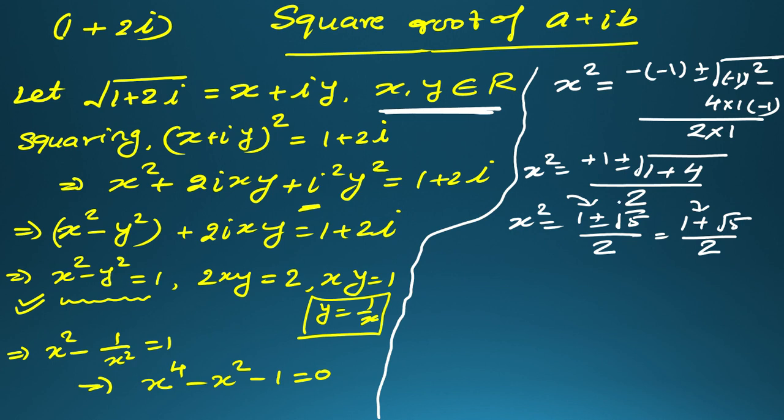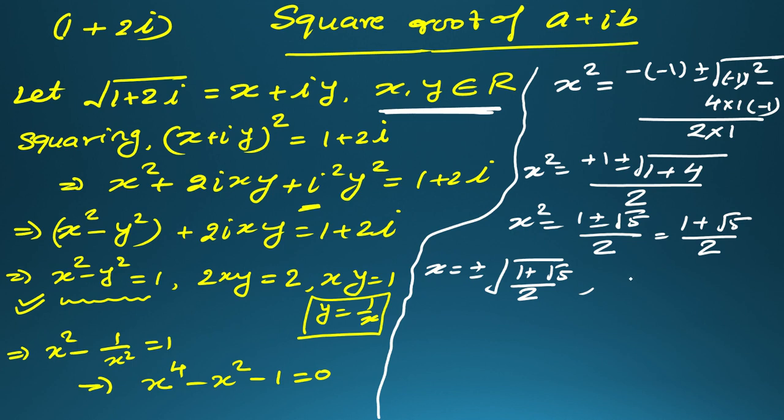So if you take minus root 5 here, then 1 minus root 5 will be negative because root 5 is greater than 1. So it will be negative, so you cannot take it. So x square will be equal to 1 plus root 5 by 2. It means x is equal to plus minus under root 1 plus root 5 by 2. This is the value of x.